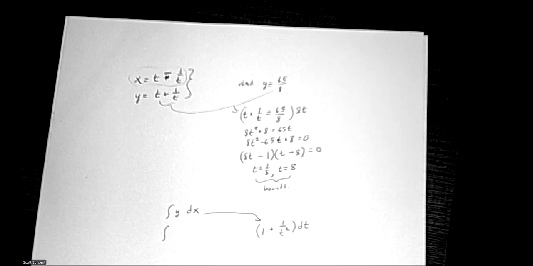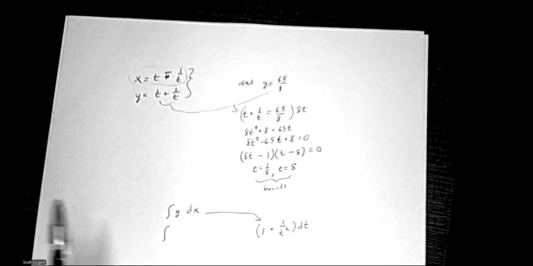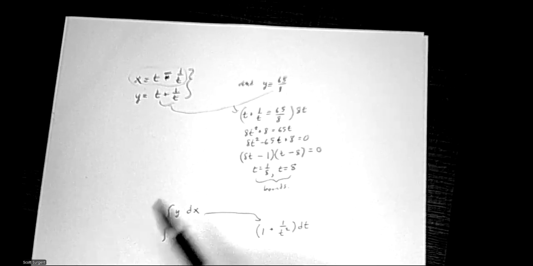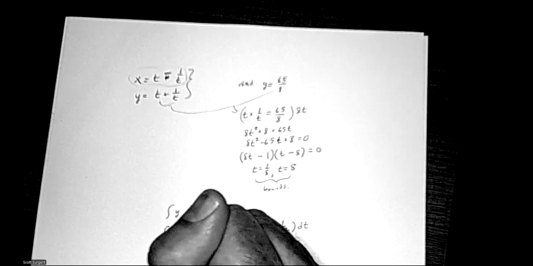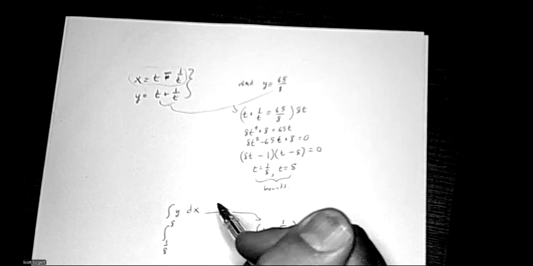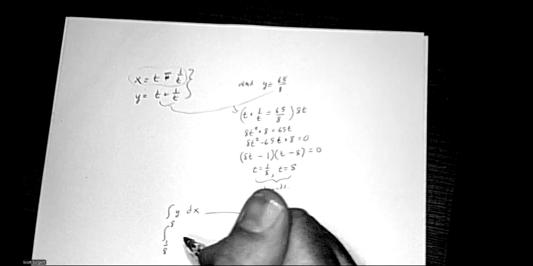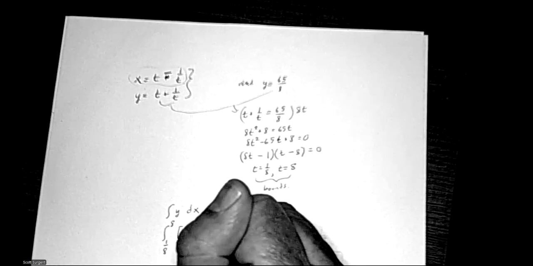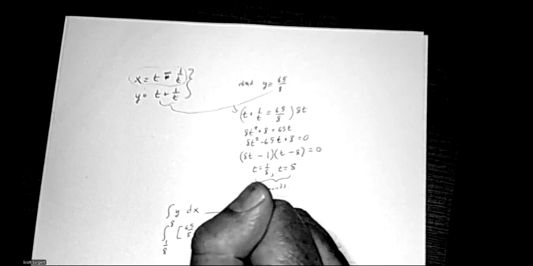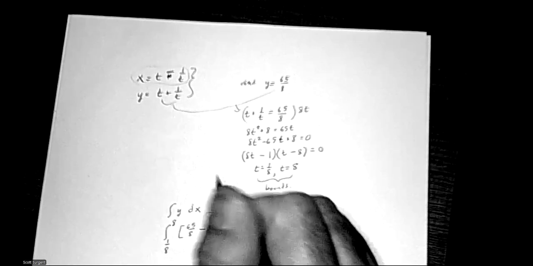I just took the derivative up here. The bounds are 1/8 and 8. And for the y, we want top minus bottom, so it's going to be 65/8 minus the bottom.